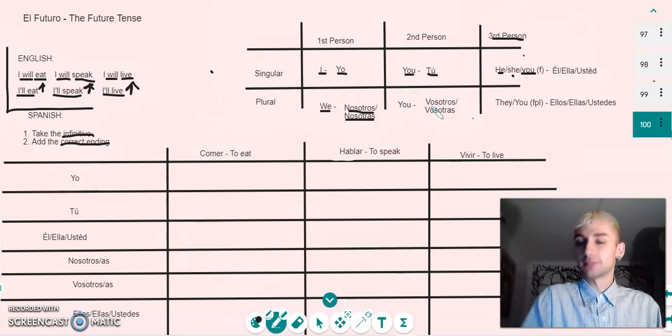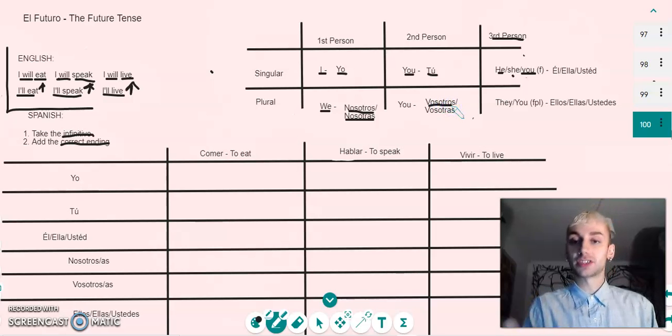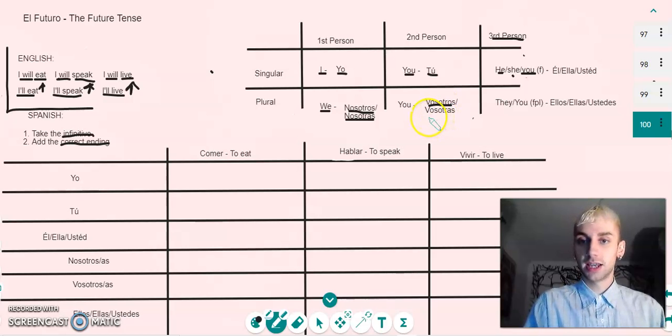You would use vosotros for a group of solely boys or a mixed gender group, and vosotras for a group of solely girls.